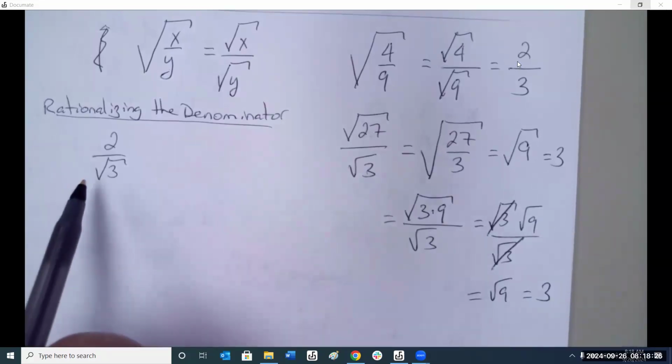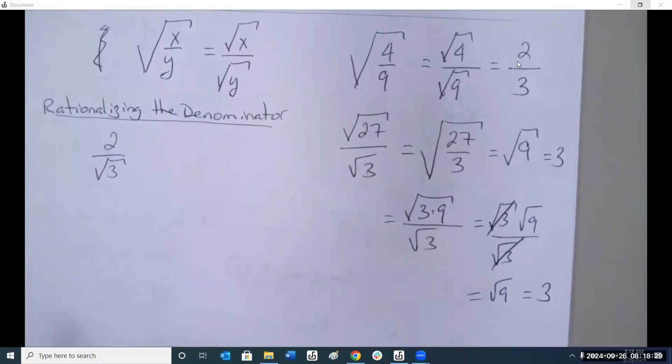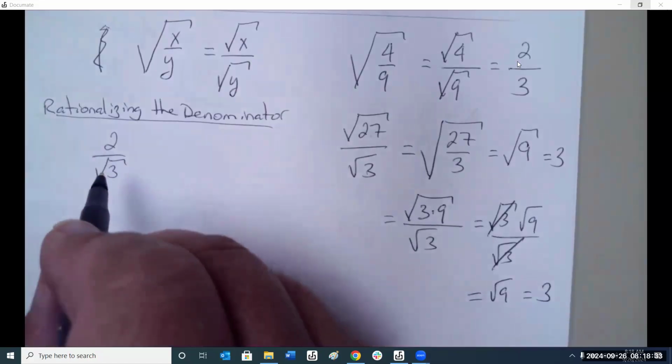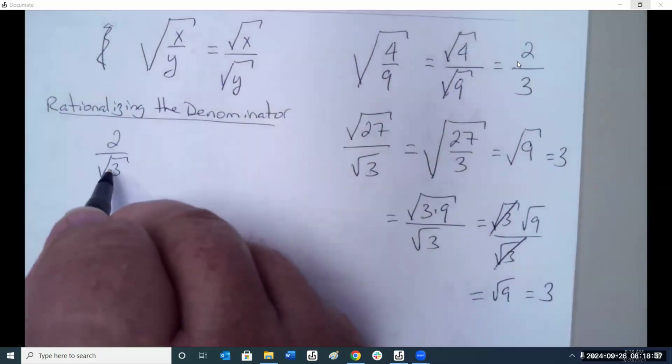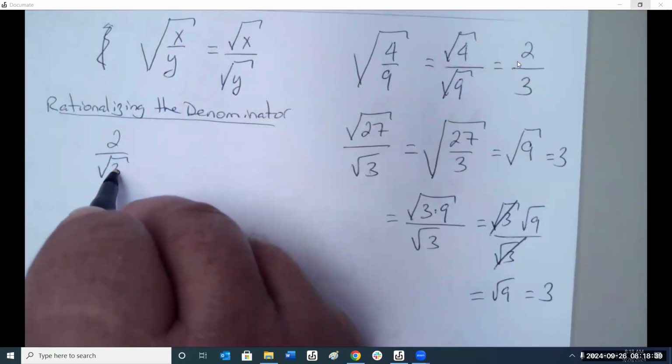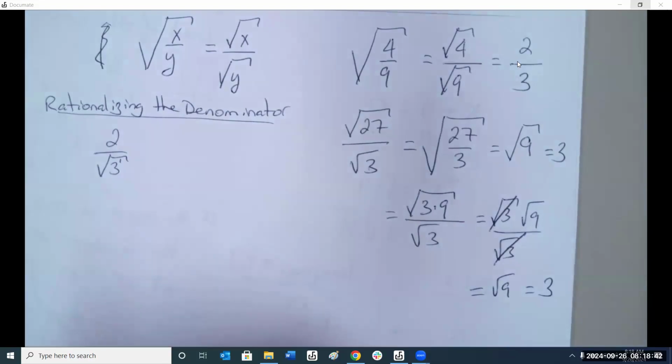So to get rid of the square root on the bottom, what do we have to do? Now, if we square the whole thing, then we just explode the whole number. How do we get rid of it? Well, that is one way, but it's not the right way.